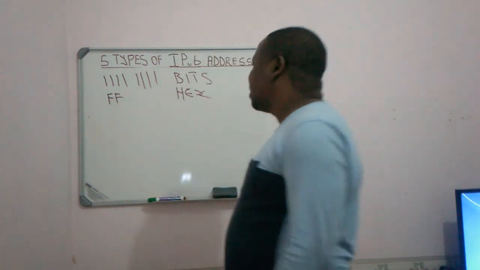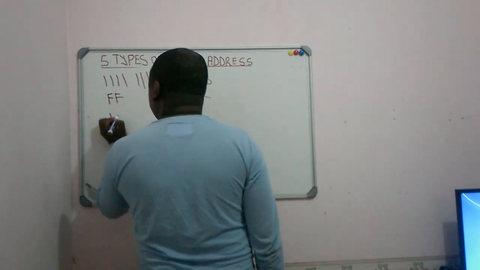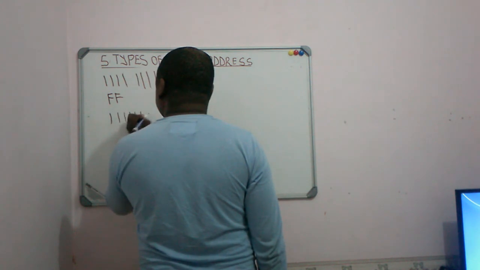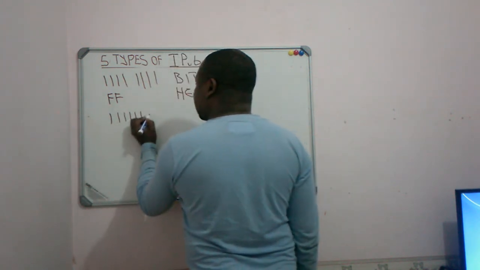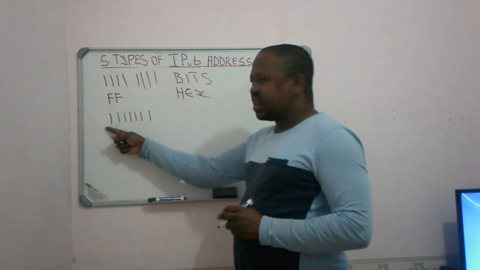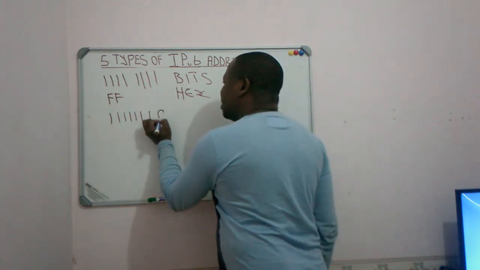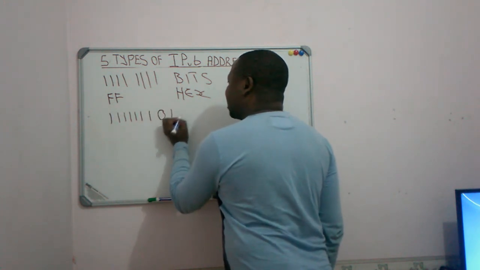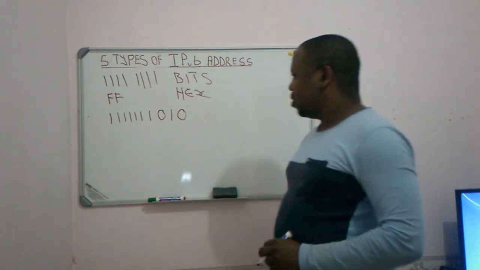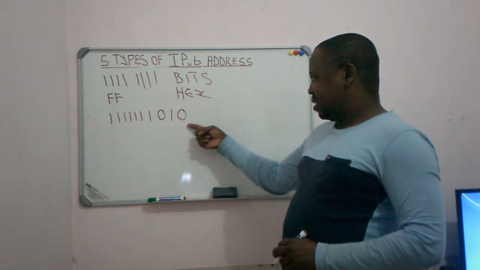The first 7 bits in our link local are all ones, with the 8th bit being a 0, the 9th a 1, and the 10th a 0. So the first 10 bits in a link local address are like this.